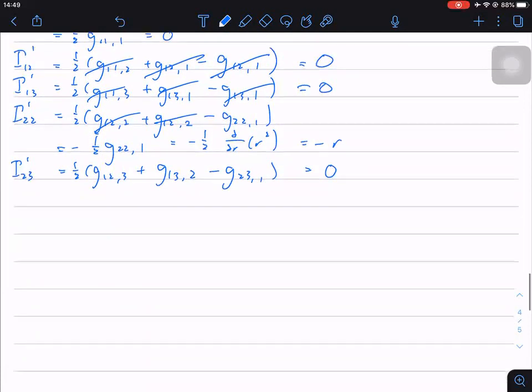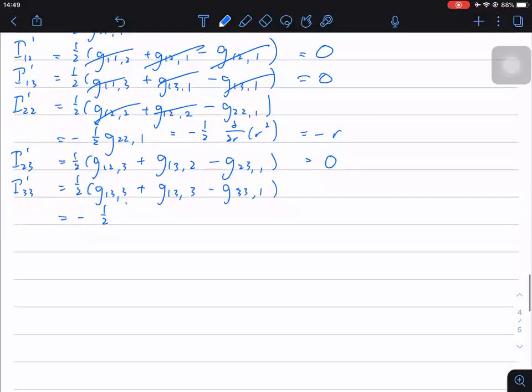Thanks. And finally, for the 3, 3 terms, again, copy everything in that. Now we have another non-zero term here, which is R squared sine squared theta, and taking the partial derivative with respect to R, we have minus R sine squared theta here.